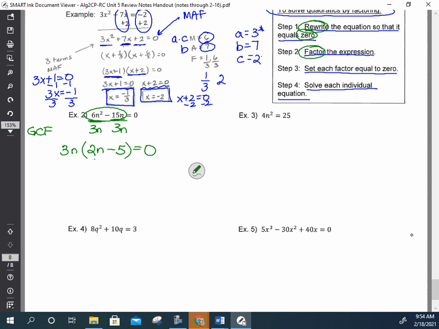Now, you might be looking at 2n minus 5 and asking yourself, there's two terms, there's a minus sign, can I use difference of two squares? The answer to that is no. 2 is not a perfect square, so that already eliminates difference of two squares. So this is factored the way it is.